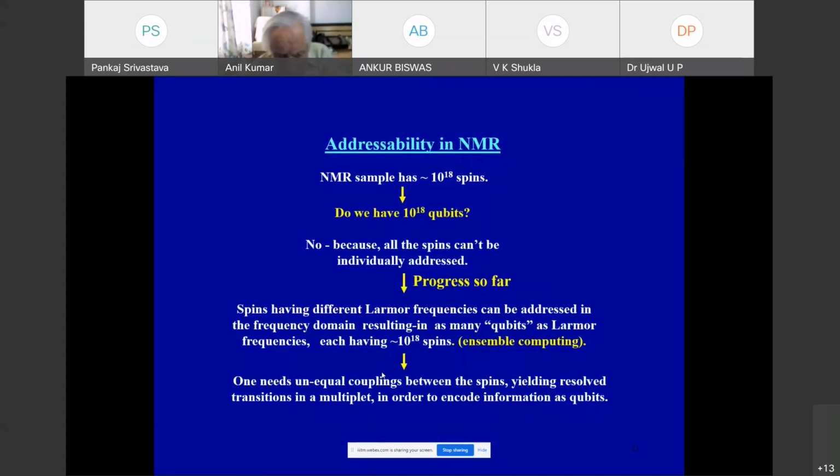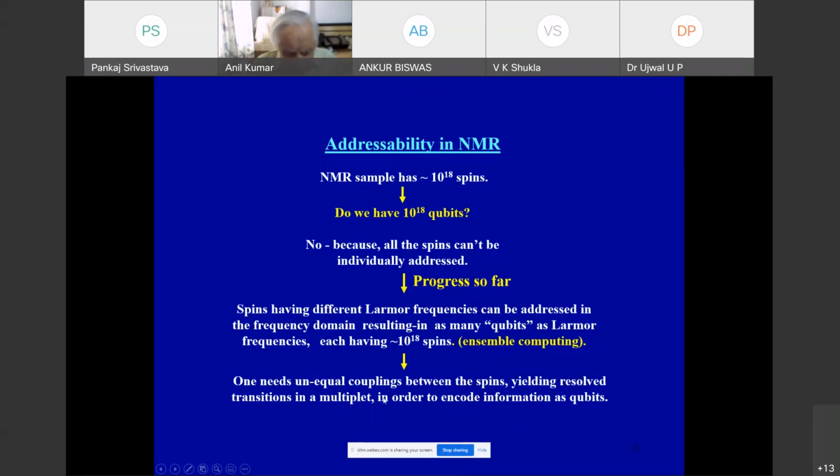So we address them at different Larmor frequencies. Each Larmor frequency again contains 10^18 spins, so we get a result of an ensemble. So NMR is ensemble computing, it's not individual particle computing, and so we have to look for the result in terms of an ensemble. Okay.